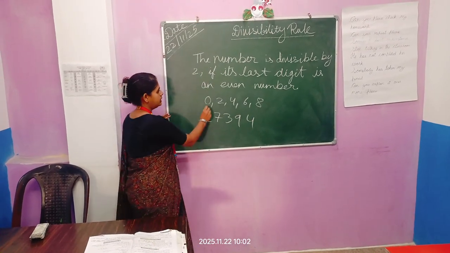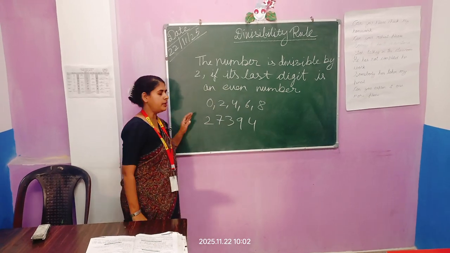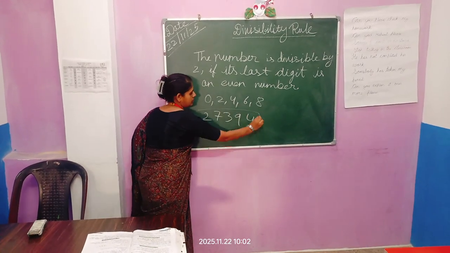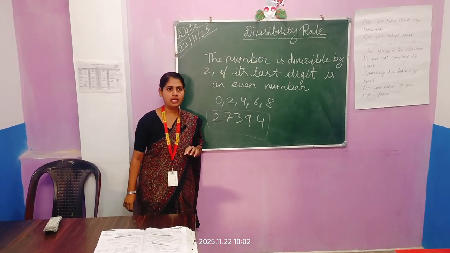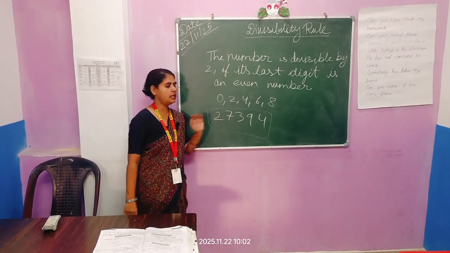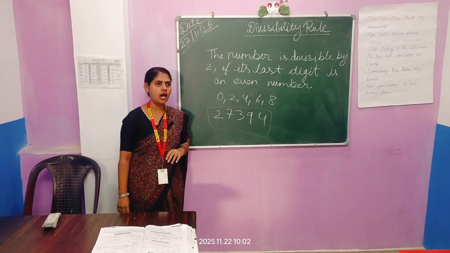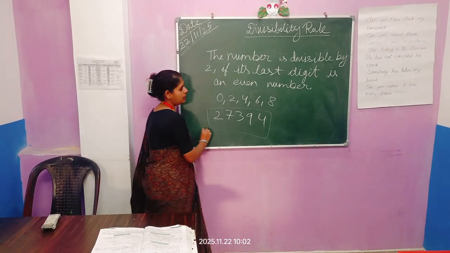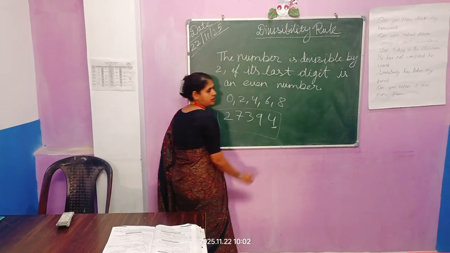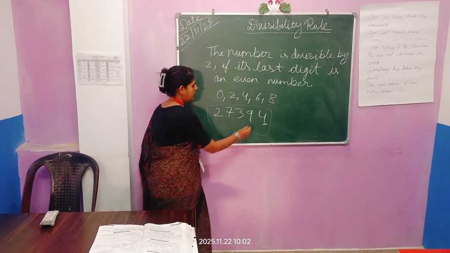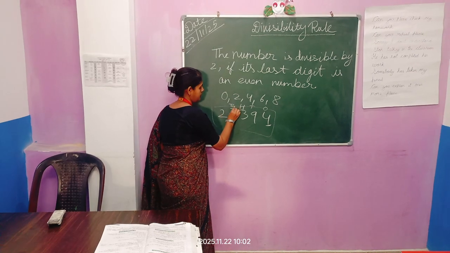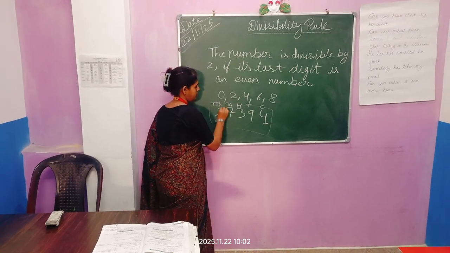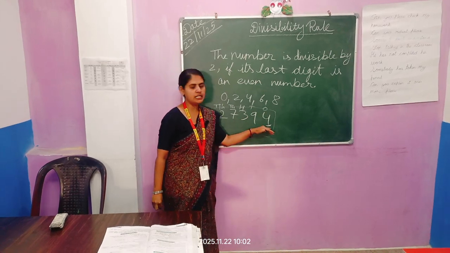These are only single digit even numbers, but this is a 5 digit number. Now tell me, is this an even number or not? How do we find out? We look at the last digit, the ones place.